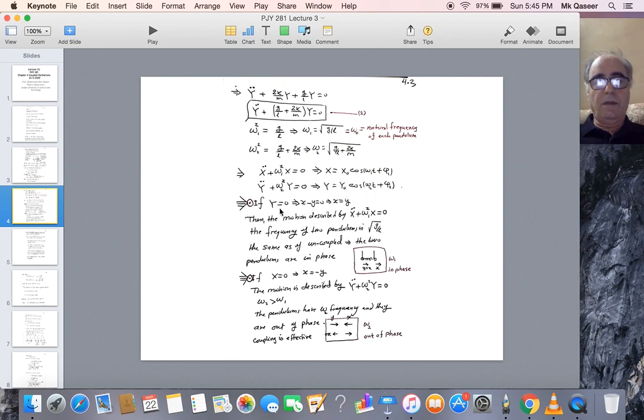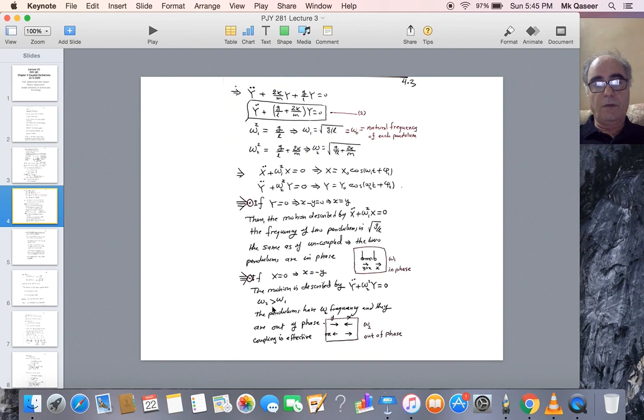Now if Y capital is 0, that is x minus y equals 0, then x equals y. Then the motion is described by the first equation, which is X double dot plus omega 1 squared X equals 0, with the frequency square root of g over L. In this case, the two pendulums are in phase. Now if X capital equals 0, then x equals minus y, and the motion is described by the second equation, which is Y double dot plus omega 2 squared Y equals 0.